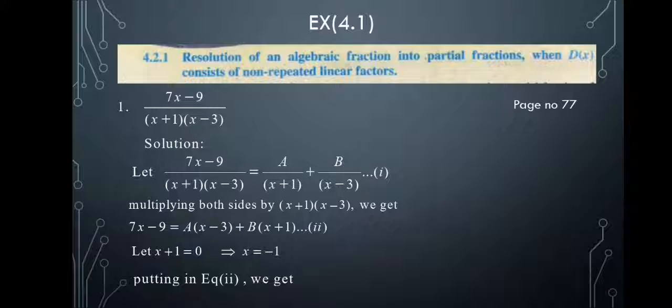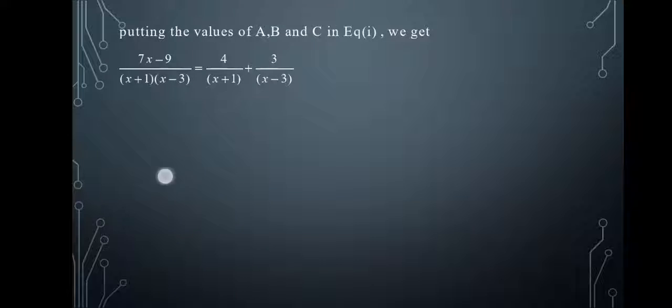We put this minus 1 in place of x in equation number 2 to get 7 into minus 1 minus 9 is equal to A into (minus 1 minus 3) plus B into (minus 1 plus 1).